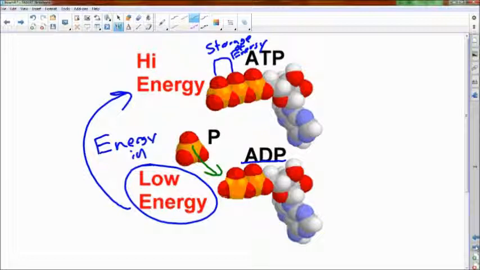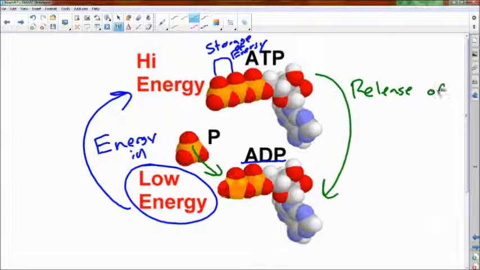And then later, that ATP can interact with something, that phosphate group can come off, and we can have a release. Just like by setting off the mousetrap, that energy is then transferred usually to the spine of a poor defenseless mouse.